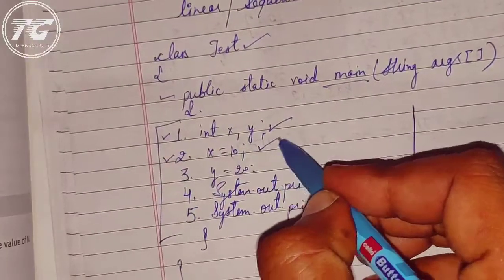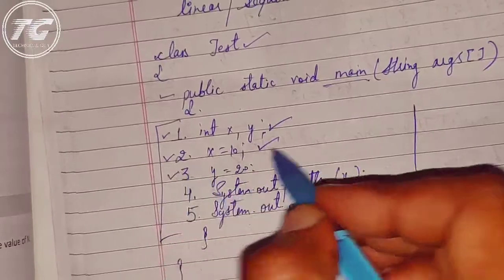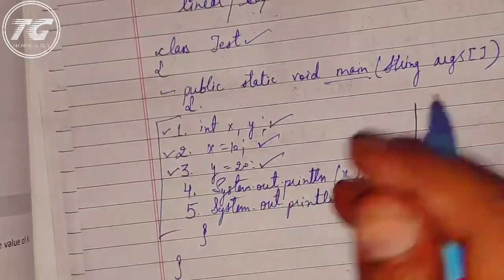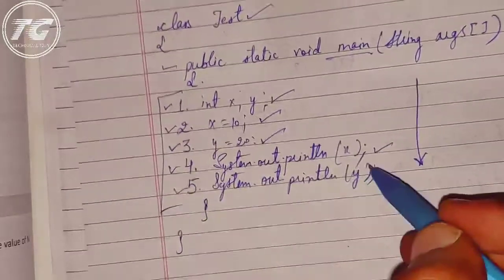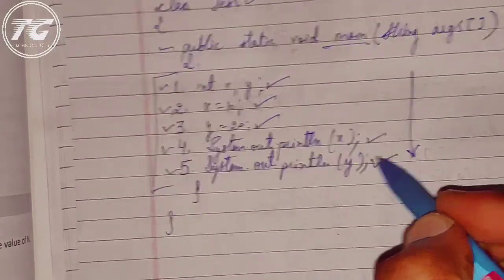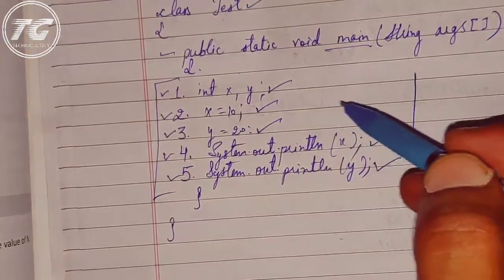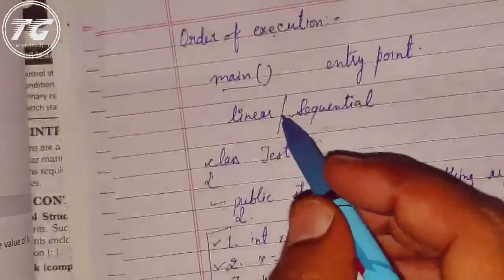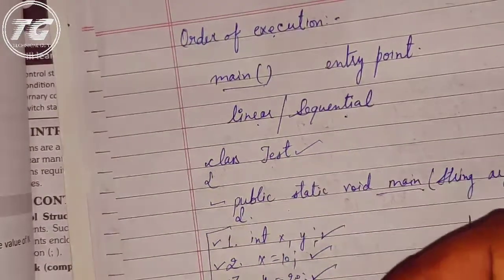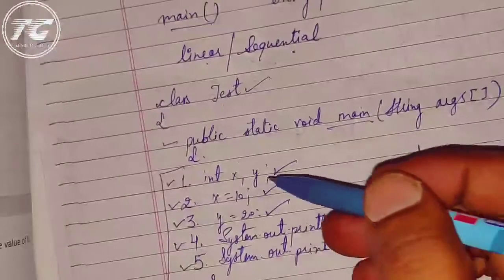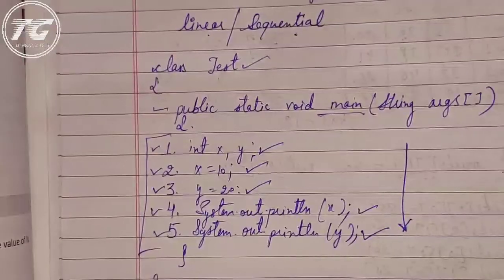Then x will be initialized with 10, then y will be initialized with 20, and then the value of x will be printed, and then the value of y will be printed, and after that your program will stop. So this is called linear or sequential flow of execution, when one statement after another is executed in sequential order.